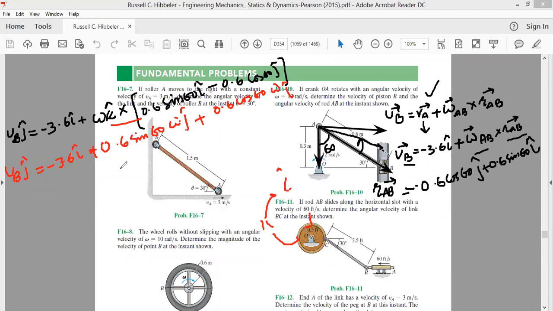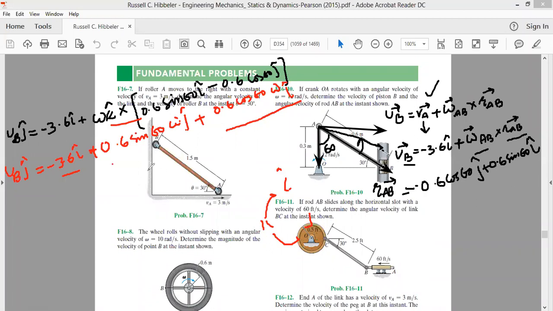As far as the components are concerned, we had 3.6 i cap, and 0.6 cos 60 omega along i cap, and we have 0.6 sine 60 omega along j cap. Okay, this is fine.